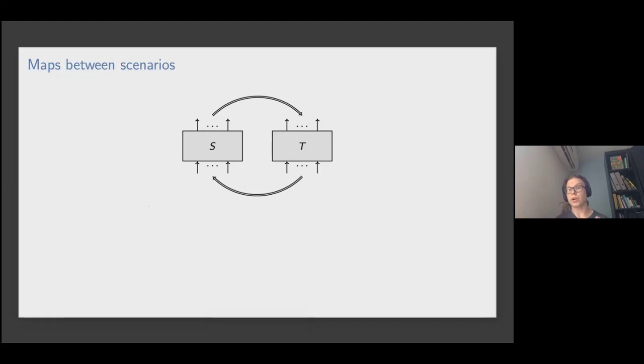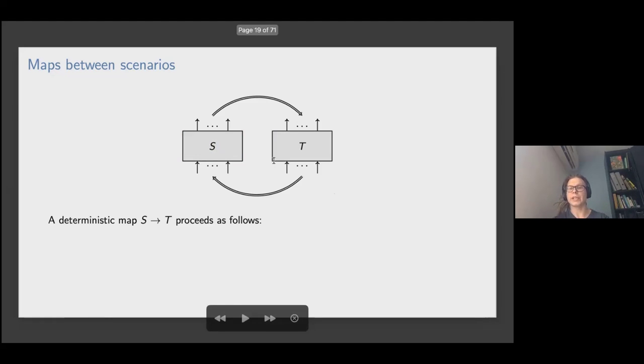So let's first start from a simple way of transforming one scenario to another. Here we're depicting a transformation of the scenario S to the scenario T. The picture to have in mind is that you actually have just a box of type S, but you want to pretend that you have a system of type T. In the simplest case, everything is deterministic and single valued.